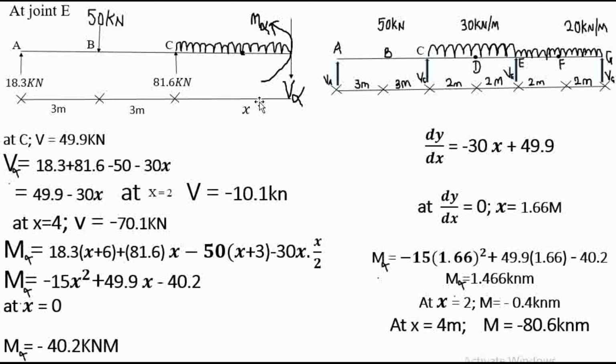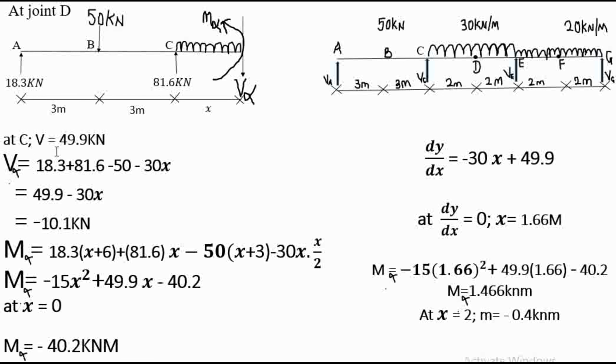That's why we have x over 2. When we play around with that, we'll have the expression as M alpha equals minus 15x squared plus 49.9x minus 40.2. Then at x equal to 0, which will be at this point C, we have that M alpha equals minus 40.2 kilonewton meter, which must correspond with what we got earlier to show that our expression is right.